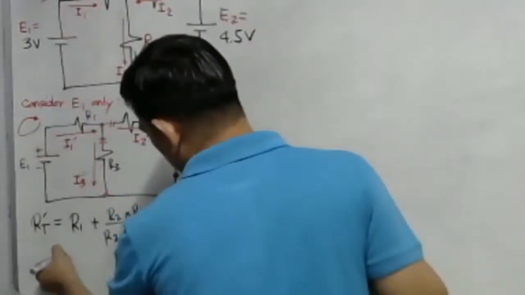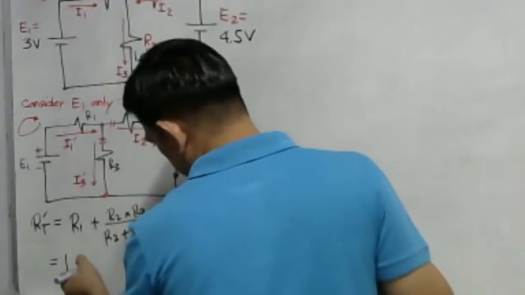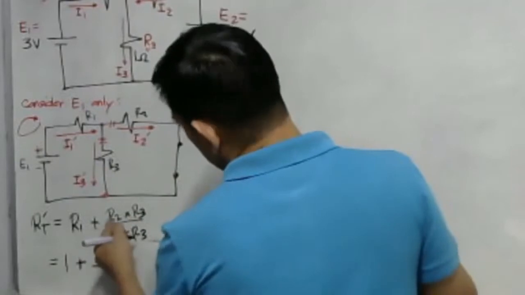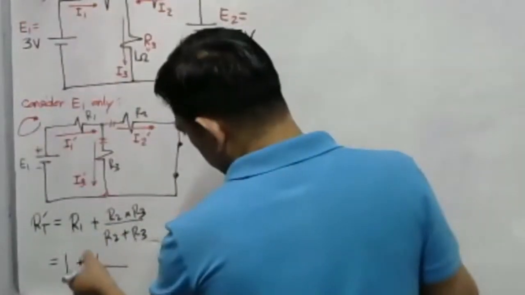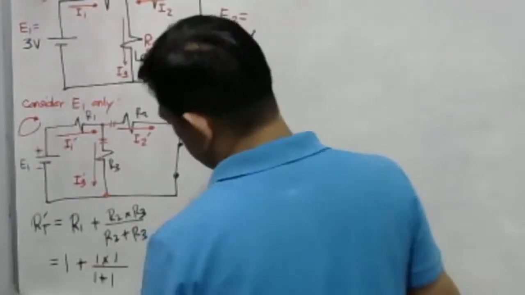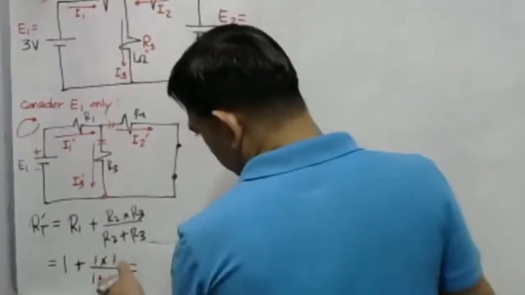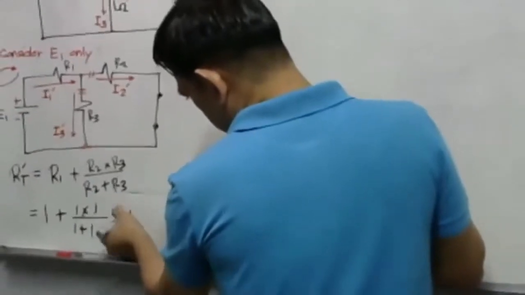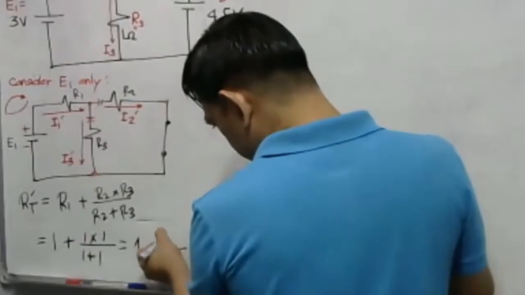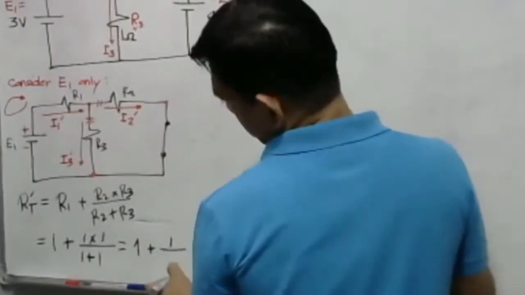R1 is simply 1 ohm, plus R2 which is 1, times 1, over 1 plus 1.